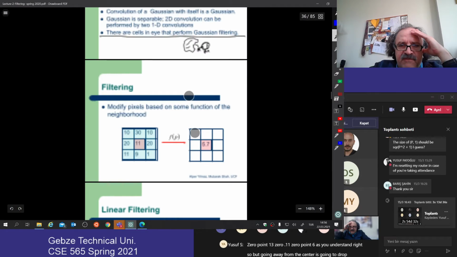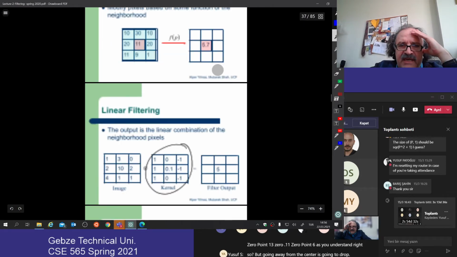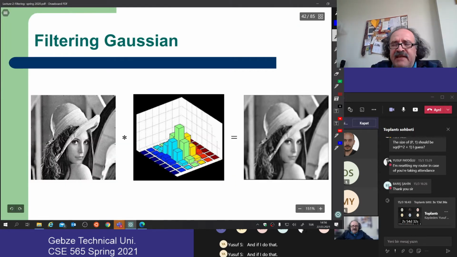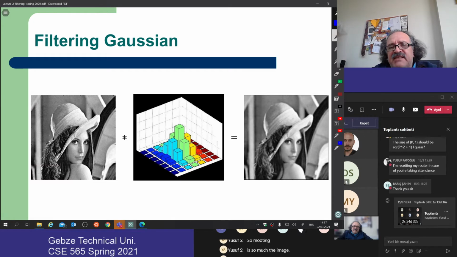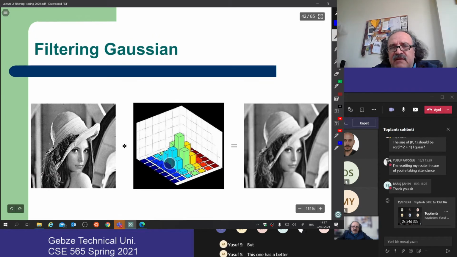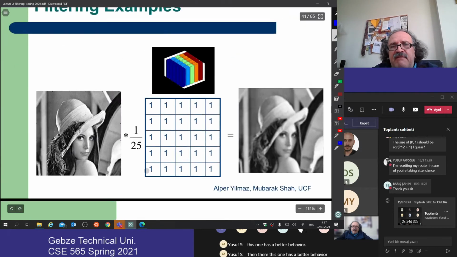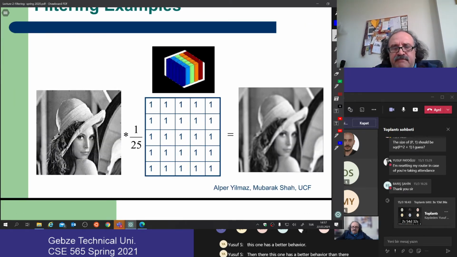And if I do that, what is the effect? The effect is again smoothing. It smooths the image, but this one has a better behavior than the averaging filter, like this one.